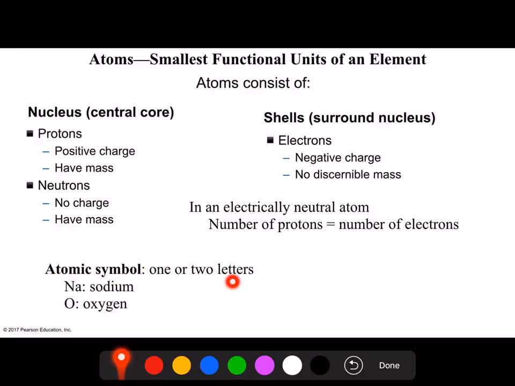These are one or two letters regarding these atoms. And usually, in many cases, these are coming from Latin names. Na is referring to sodium, but it is coming from its Latin name. Oxygen, it is oxygen. So, lucky enough, we are going to use just O for it.